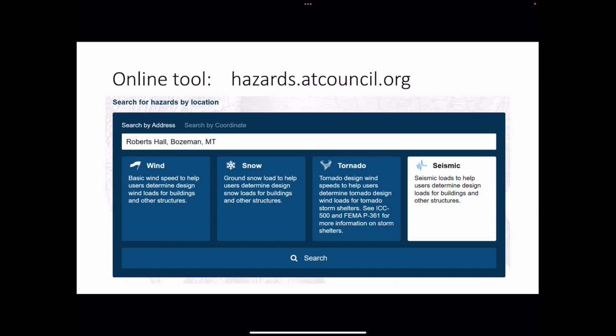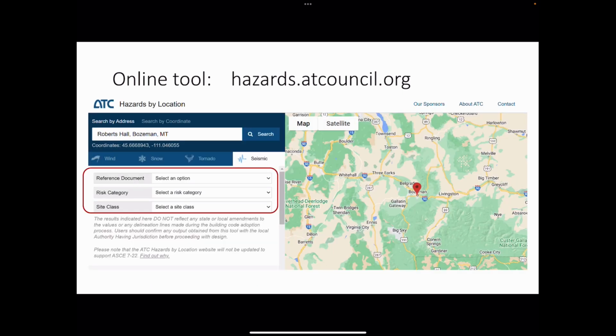Just putting in Roberts Hall, it pinpointed the location of Roberts Hall here. You have to choose the reference document, the risk category, and the site class in order to get any information. In this class, you will use this to get those mapped values SS and S1.